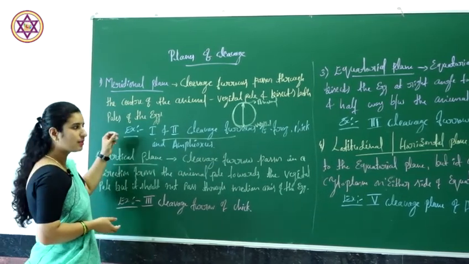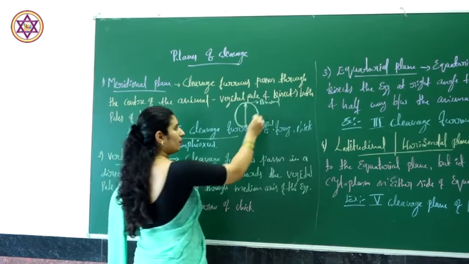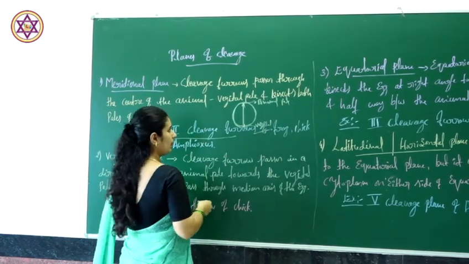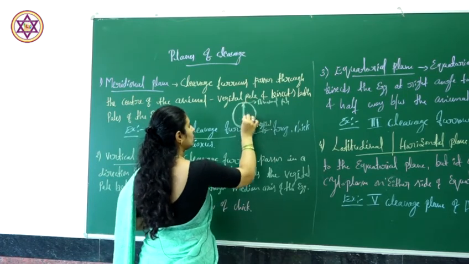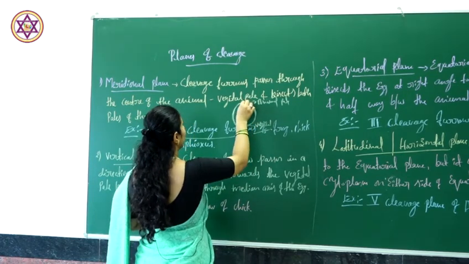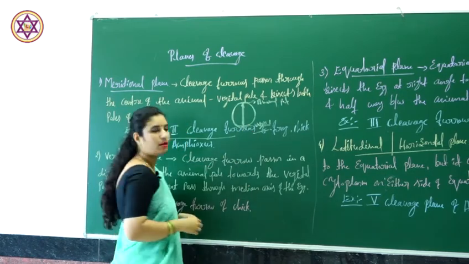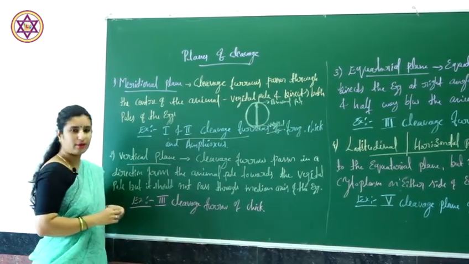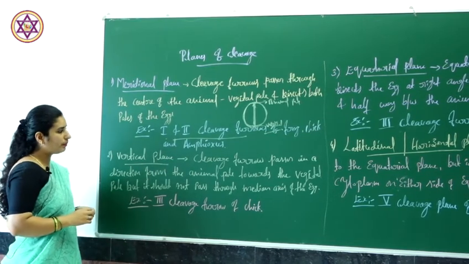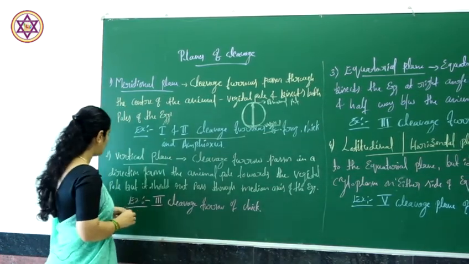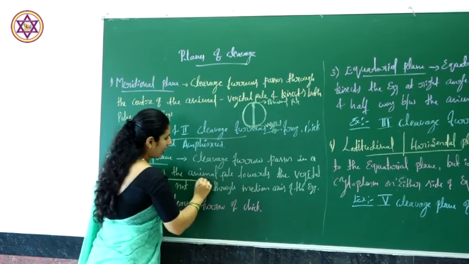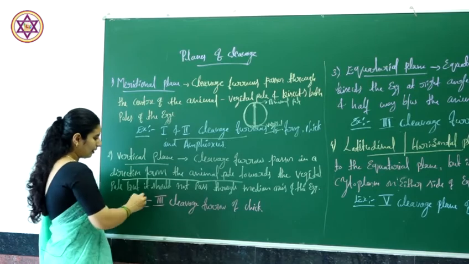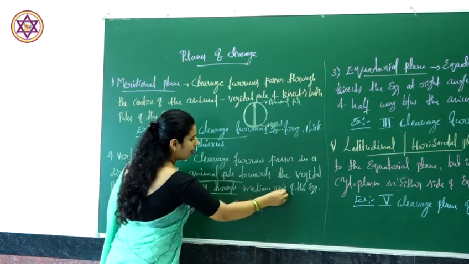Here we have the egg, the animal pole is present and the vegetal pole is present at the bottom. So, the cleavage furrow divides in between the animal pole and the vegetal pole. And the next one is vertical plane. Here the cleavage furrow passes in the direction from the animal pole towards the vegetal pole, but it should not pass through the median axis.